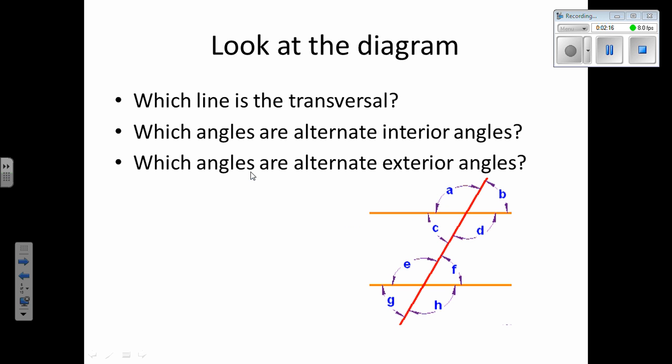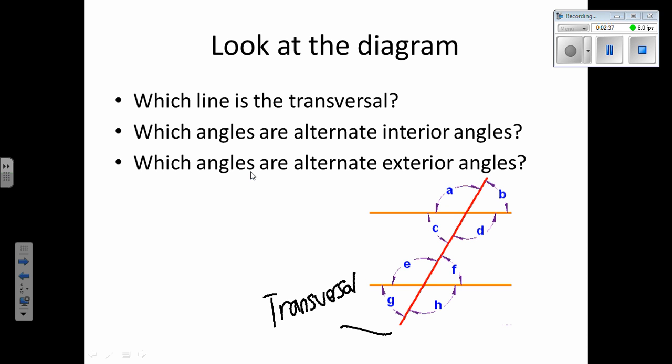So which line is the transversal? Well, the transversal is the red line in this case. What are the alternate interior angles?